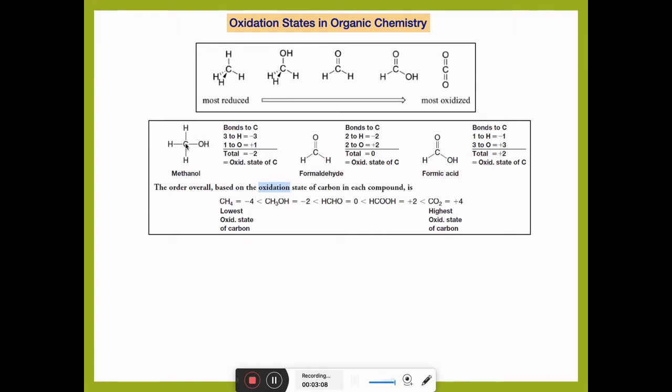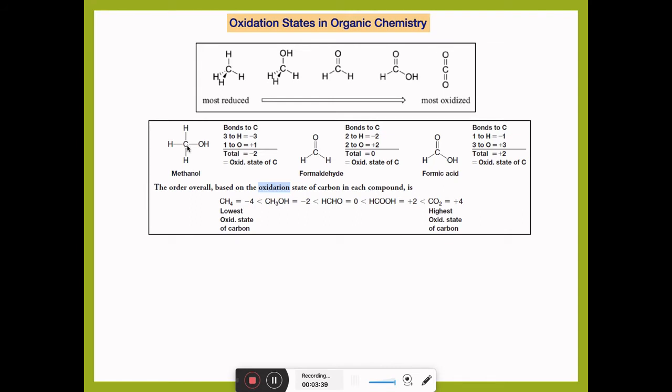Carbon is more electronegative than hydrogen. So these 3 hydrogens will contribute a 3 negative charge on carbon, as carbon is more electronegative. So we have written 3 hydrogens will give you -3 charge. Now, oxygen is more electronegative than carbon, so oxygen will have a negative charge, and obviously the carbon will have a positive charge.